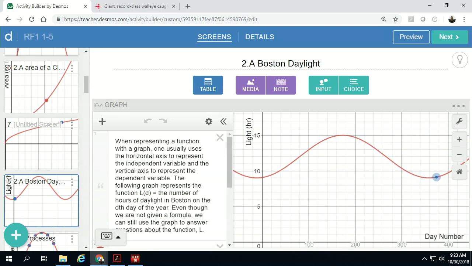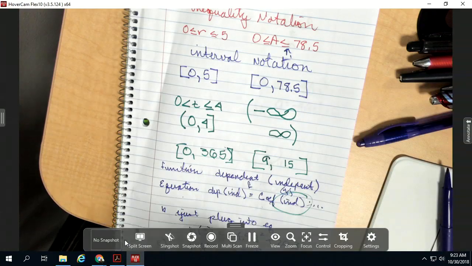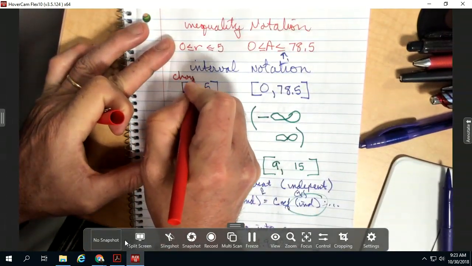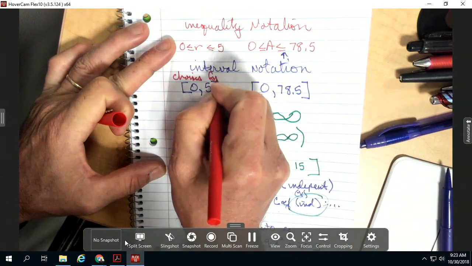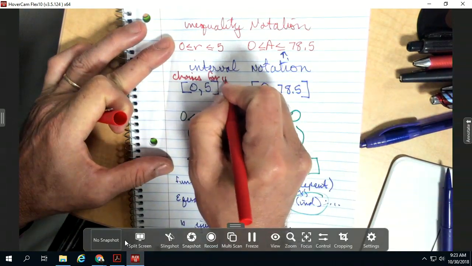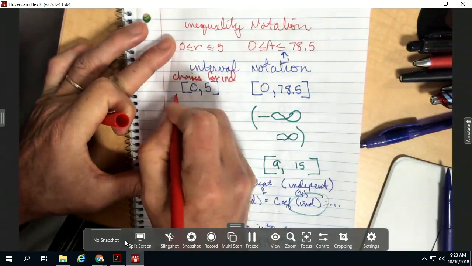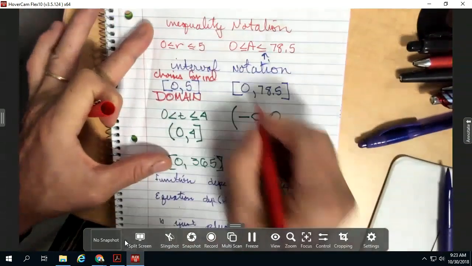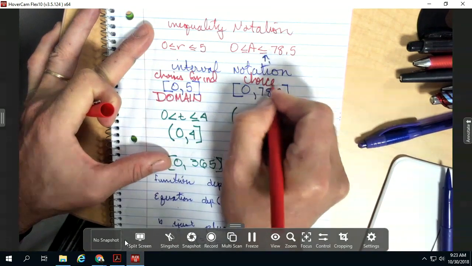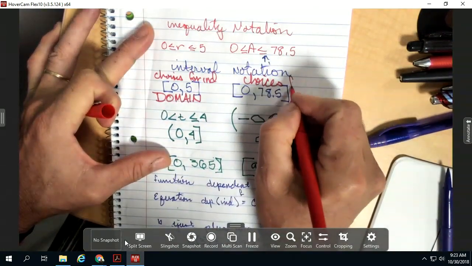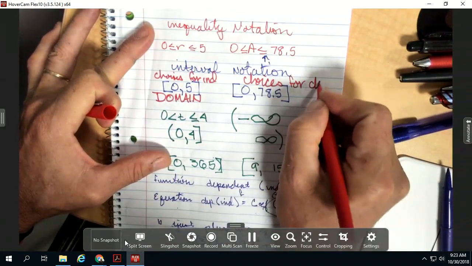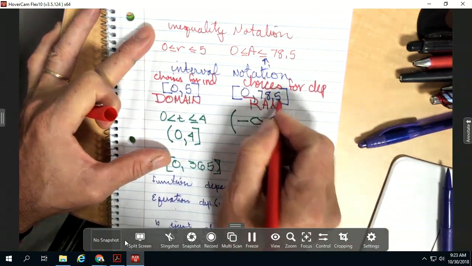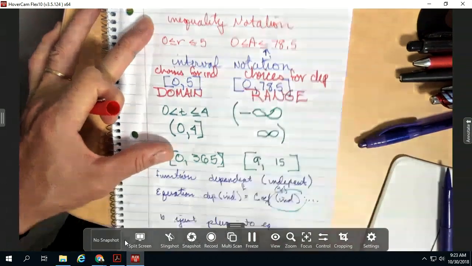So that is correct. Let's go through our notes. These are the choices for independent variable. They are called the domain. The choices for the dependent variable, these are called the range.